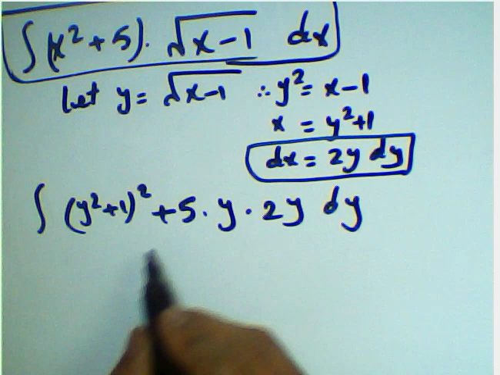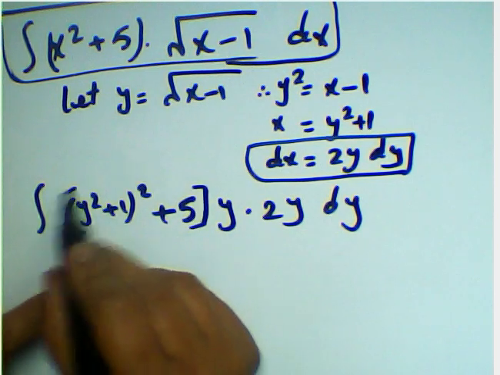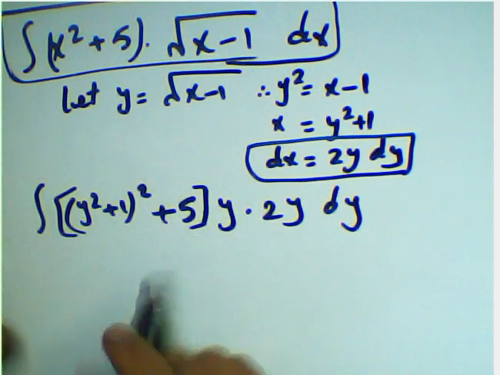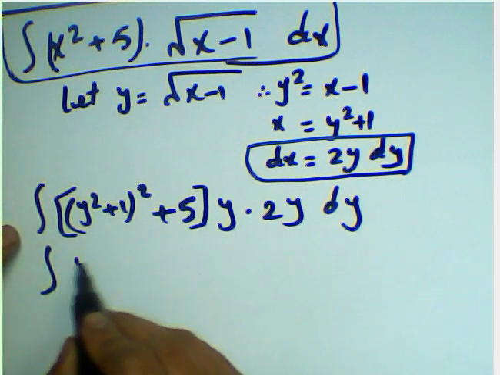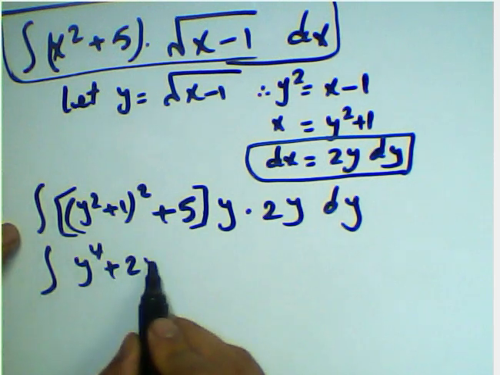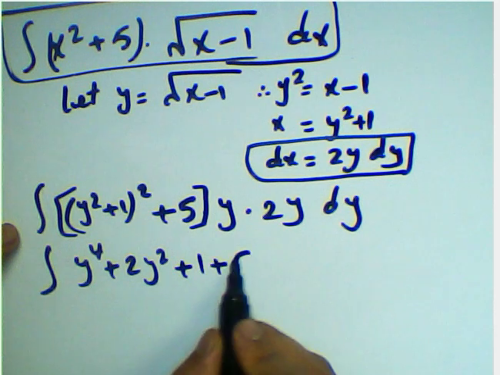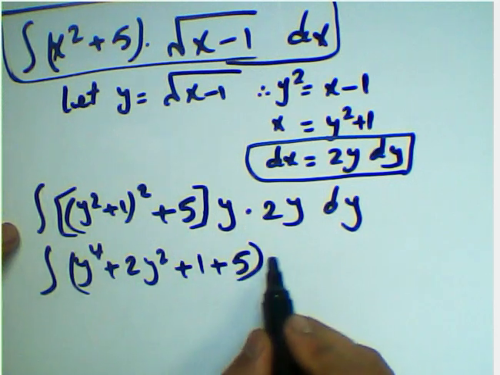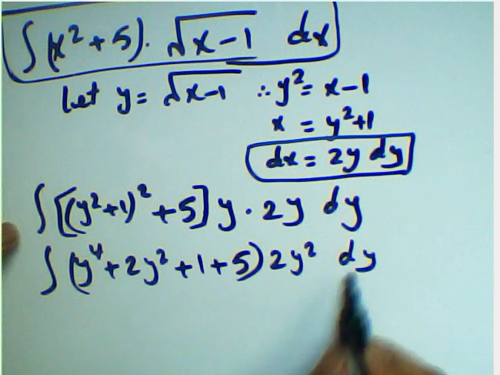and we have all in the brackets, and then we can find the simplest form: y power 4 plus 2y power 2 plus 1 plus 5, multiplication by y times 2y, 2y power 2 dy.